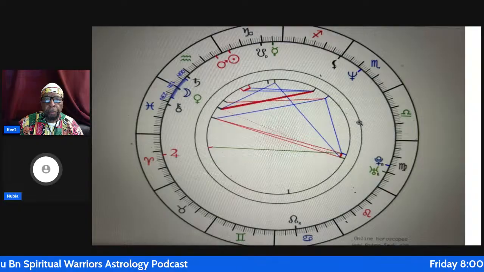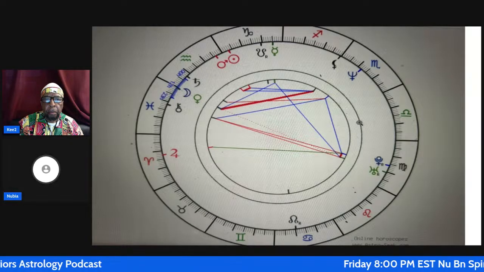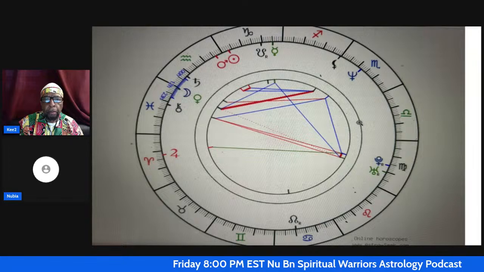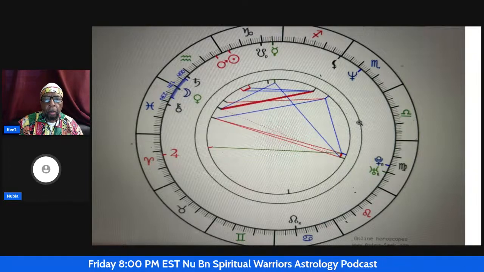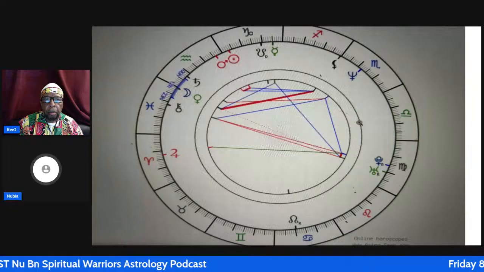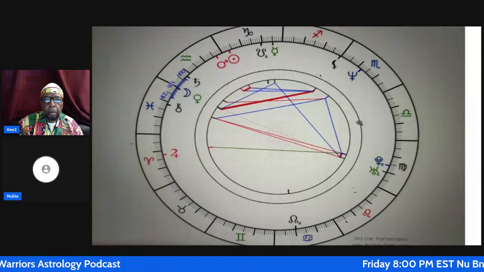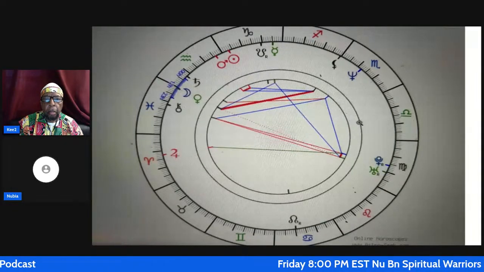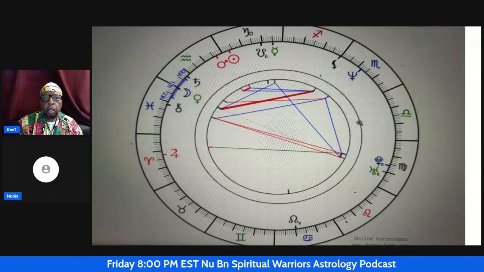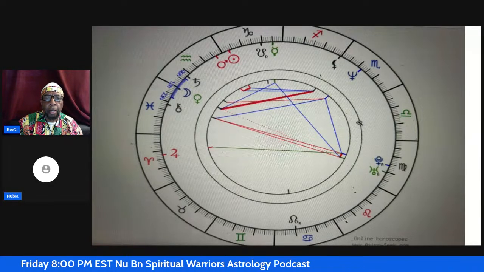Yeah, in the eighth house, that's the house of Scorpio, and I see Neptune in the house of Scorpio. And so with Neptune in that house, I see signs of some sort of spiritual transformation that could be happening. Okay, thank you.